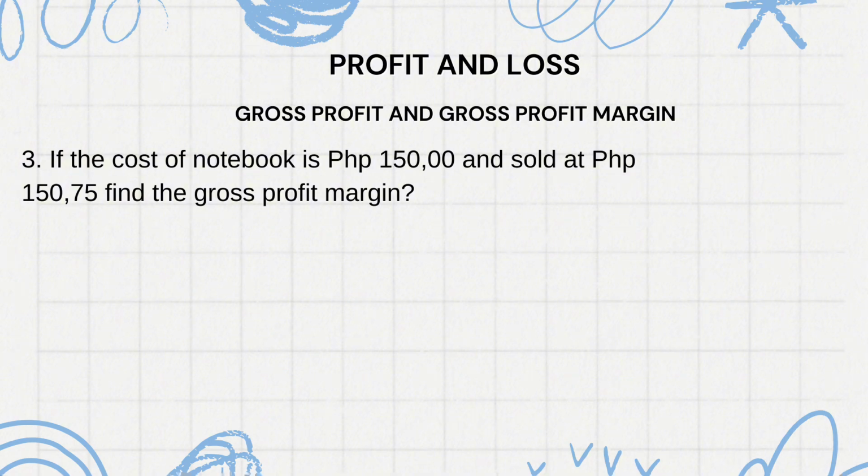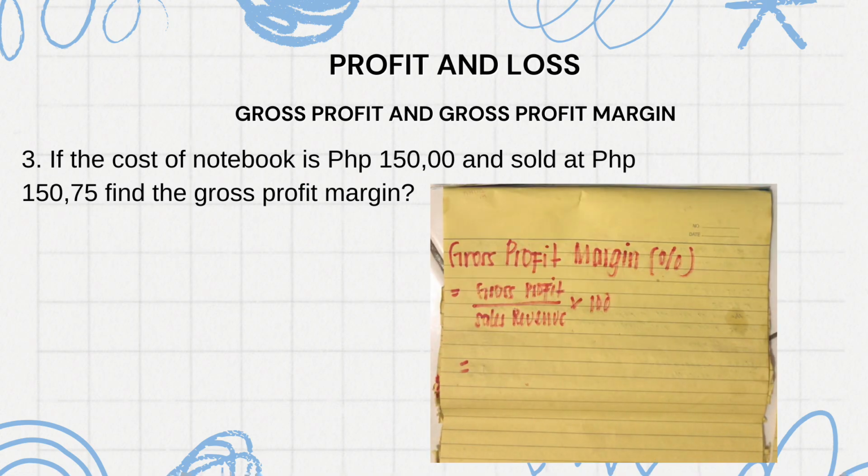If the cost of notebook is 105.50 and sold at 150.75, find the gross profit margin. Using the same problem, now we will find the gross profit margin.